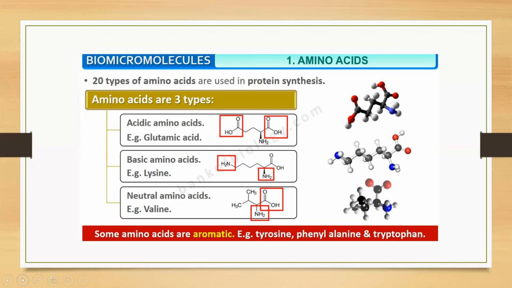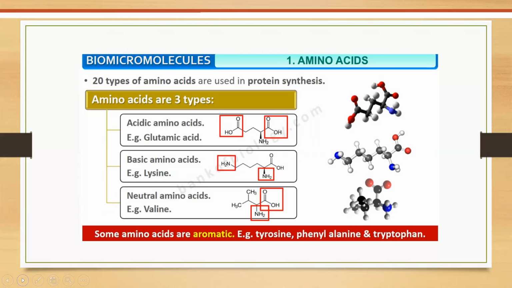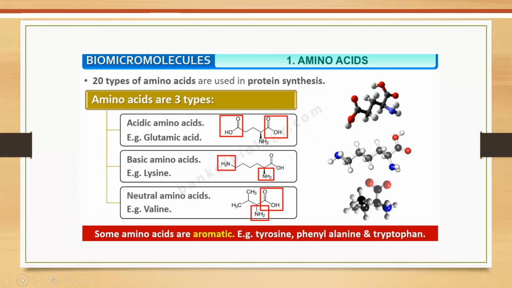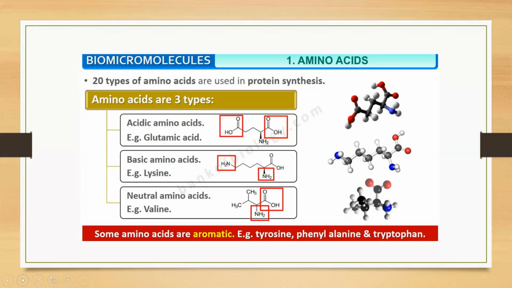Basic amino acid will have two or more NH2 groups and only one COOH group, for example, lysine. The third, that is the neutral amino acid, will have the same number of amine groups and acidic groups, for example, valine. A few amino acids are aromatic also, where benzene rings, closed rings, are attached, for example, tyrosine, phenylalanine, tryptophan.